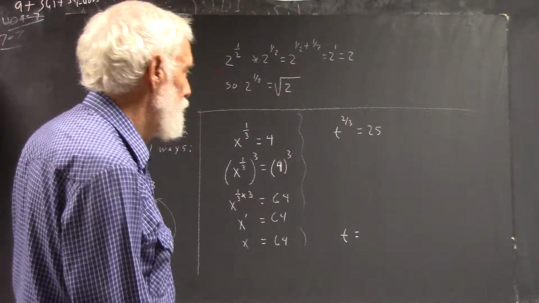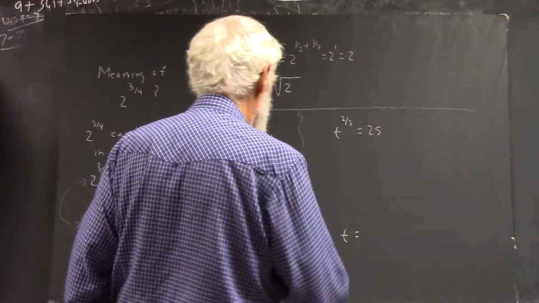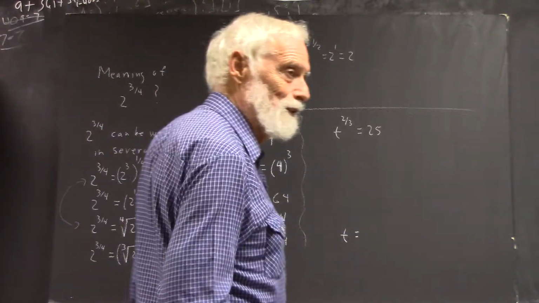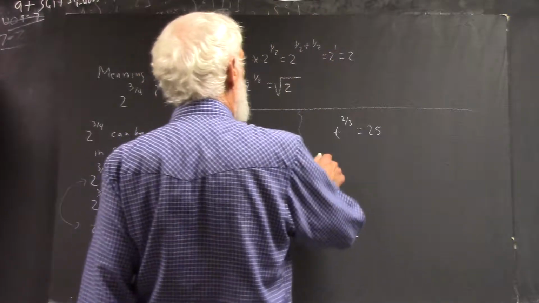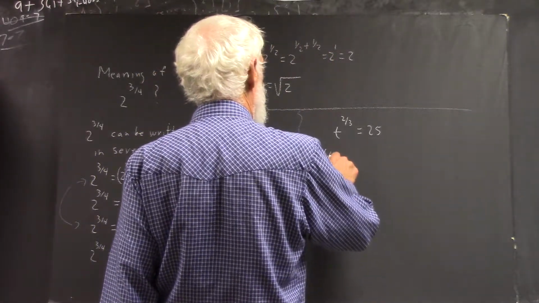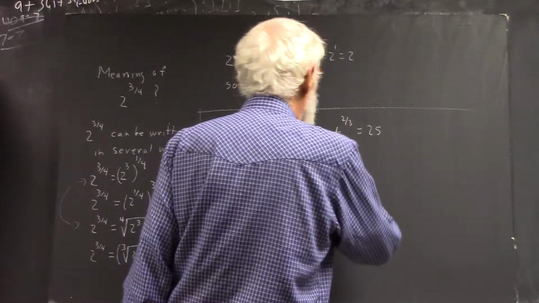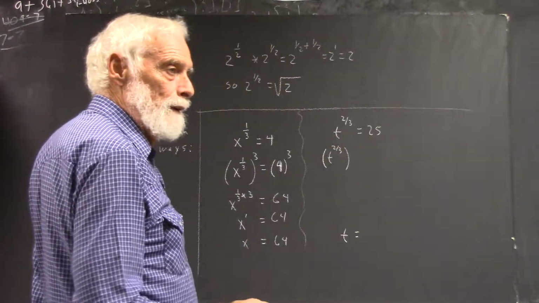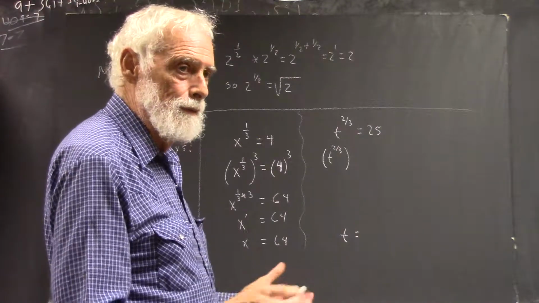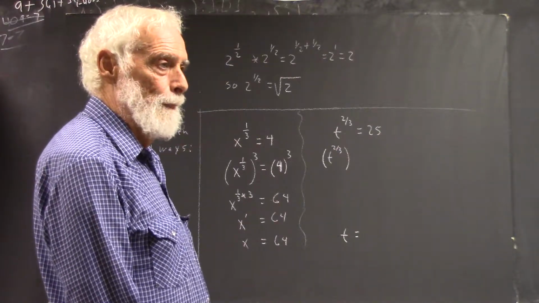Well, again, this is new, so don't expect you to see it instantly. But okay, let's ask what power could we raise t to the 2/3 to get t to the 1st power?